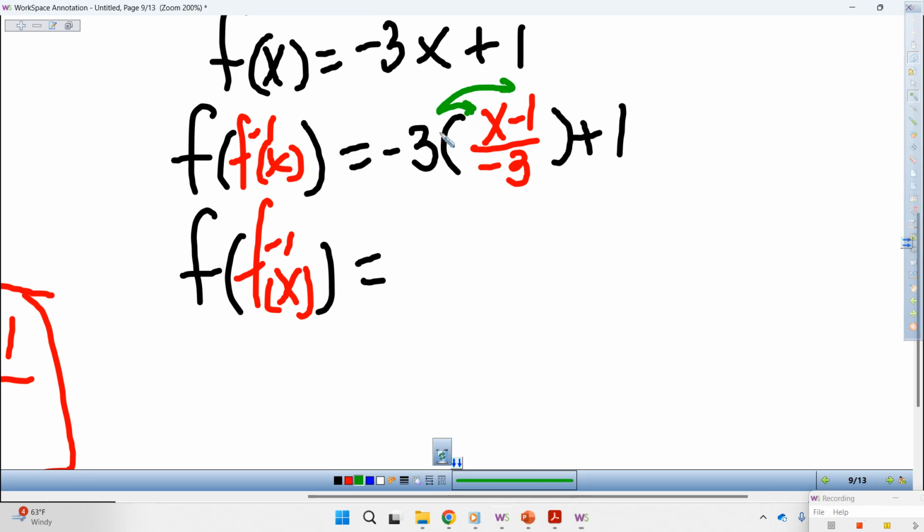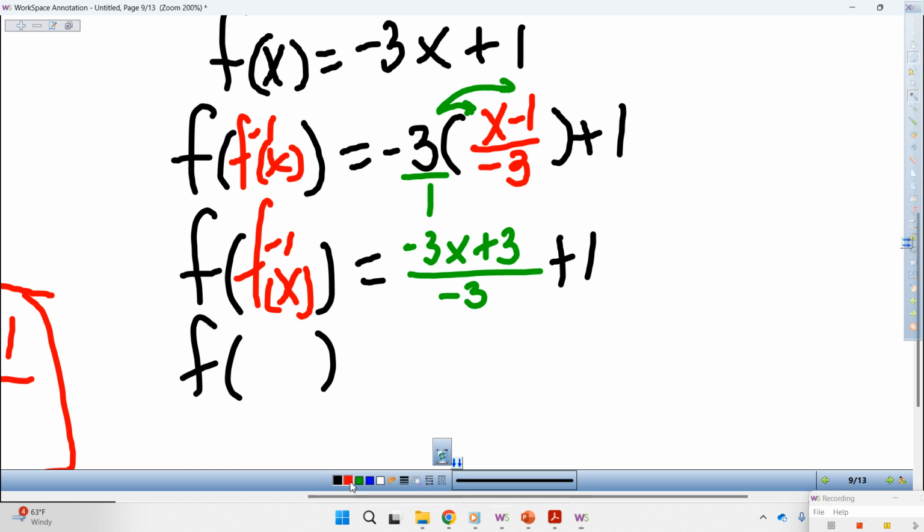Yeah, you distribute. But since this is a fraction, I'm going to write negative 3 as a fraction. So negative 3 times x is negative 3x. Negative 3 times negative 1 is positive 3 over 1 times negative 3 is negative 3. Bring down the plus 1. All right. Not bad. Mario in the house.